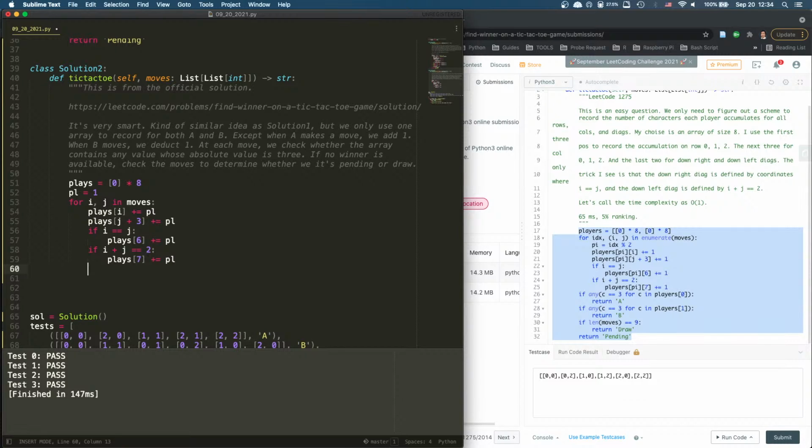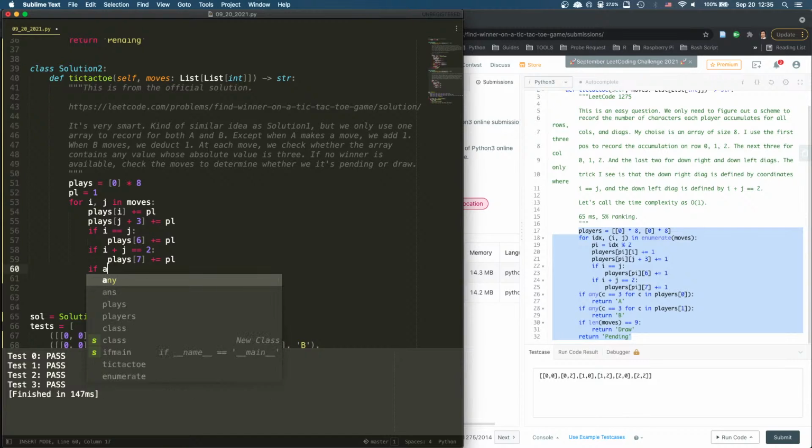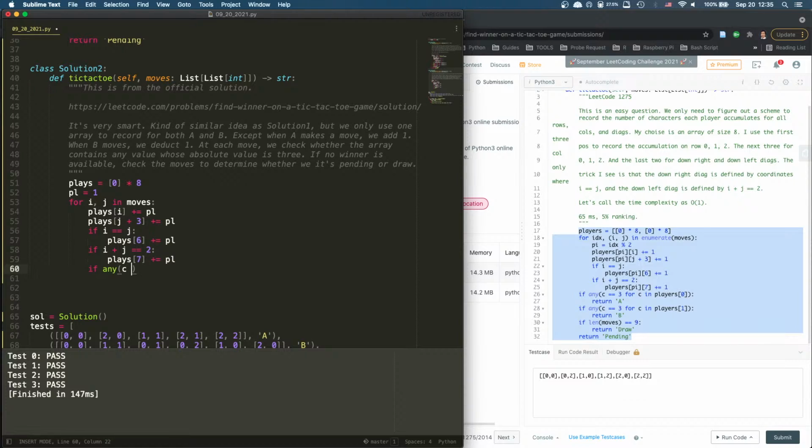So I want to say, oh, how do we determine? Like if it's a 3, we say true. If it's a -3, we say true again. And how do we know? We know based on the play, right? Because it's after this player plays it. So we can say if any, right? ABS C equals 3 for C in plays.